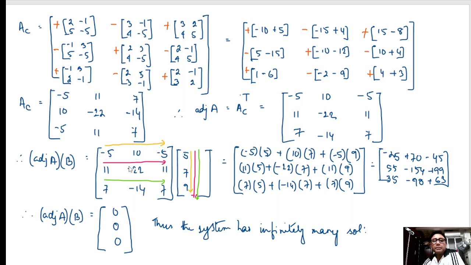Now we will do 11 into 5 plus minus 22 into 7 plus 11 into 9, and this is that second line. Now we will do 7 into 5 plus minus 14 into 7 plus 7 into 9, and this is that third line.